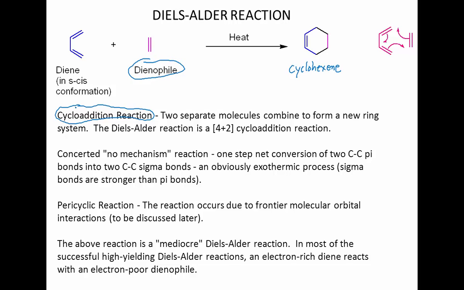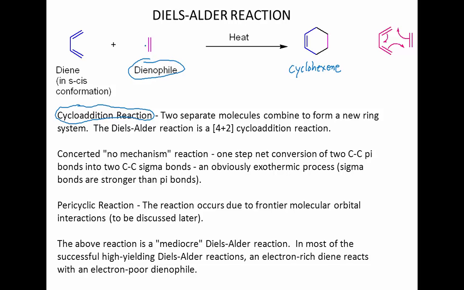There's a ring where no ring previously existed. We call the Diels-Alder reaction a 4+2 cycloaddition because if we look at the pi bonds involved, there's 4 electrons in these two pi bonds and 2 electrons in this pi bond. Okay.